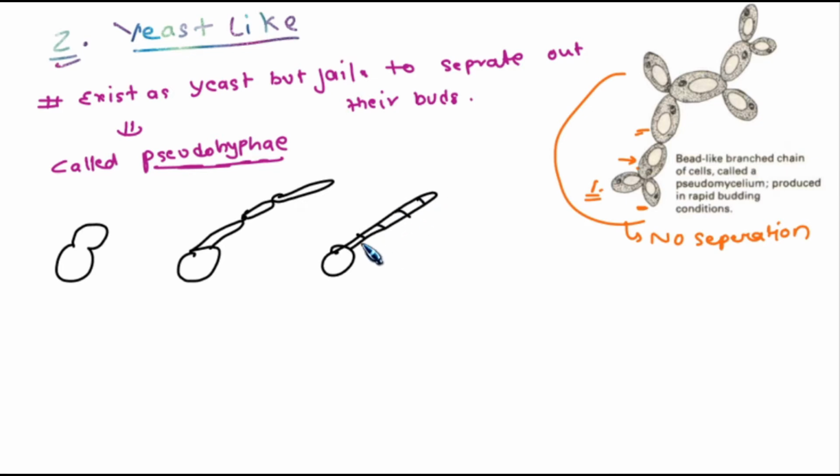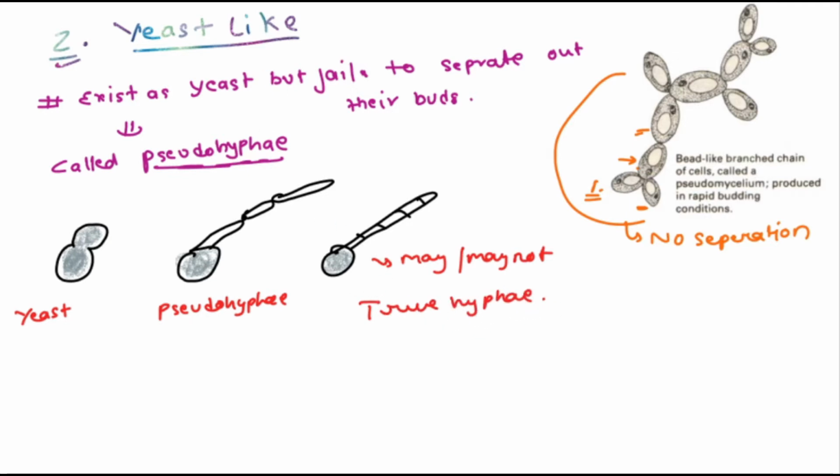The first one I have drawn is yeast, with budding. The second one is pseudohyphae. You can see the septations or depression between the two septa. And the third one is true hyphae. True hyphae may or may not be present in yeast-like fungi.